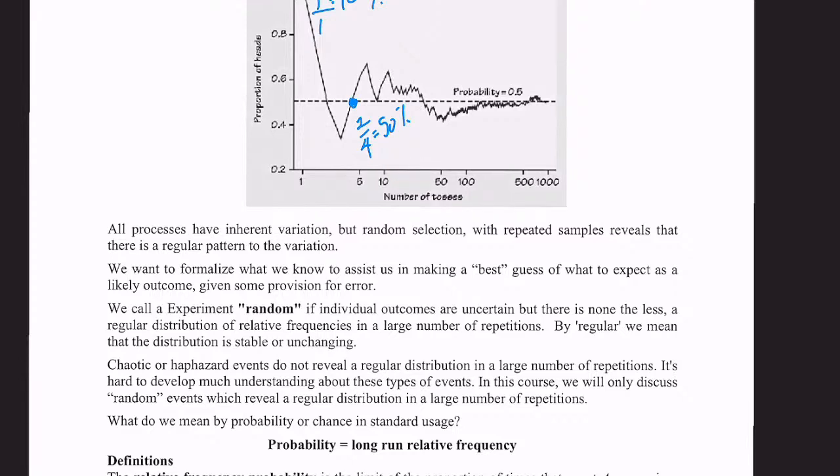So let's say he flipped 100 times, and it turns out that he had 70 tails and 30 heads.